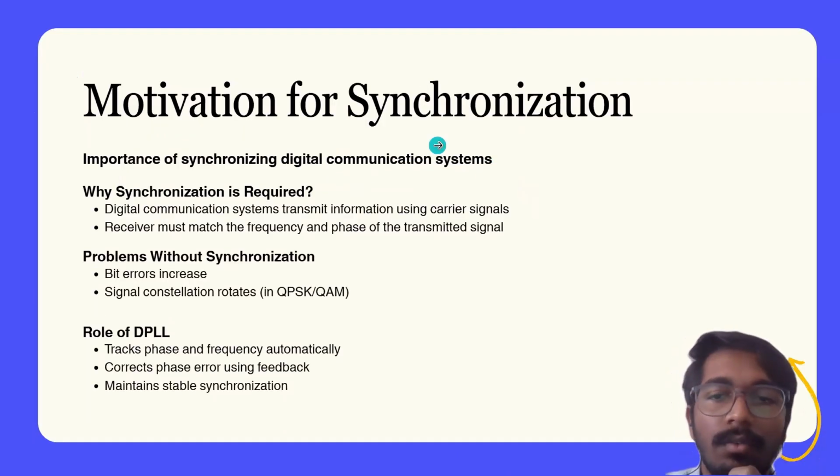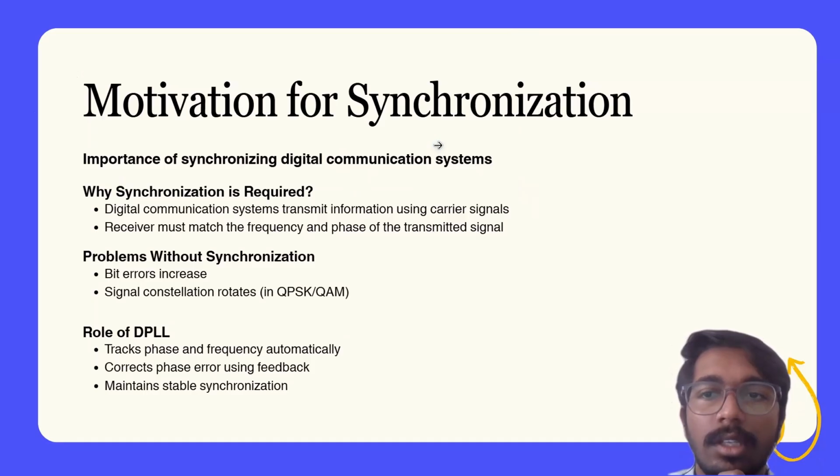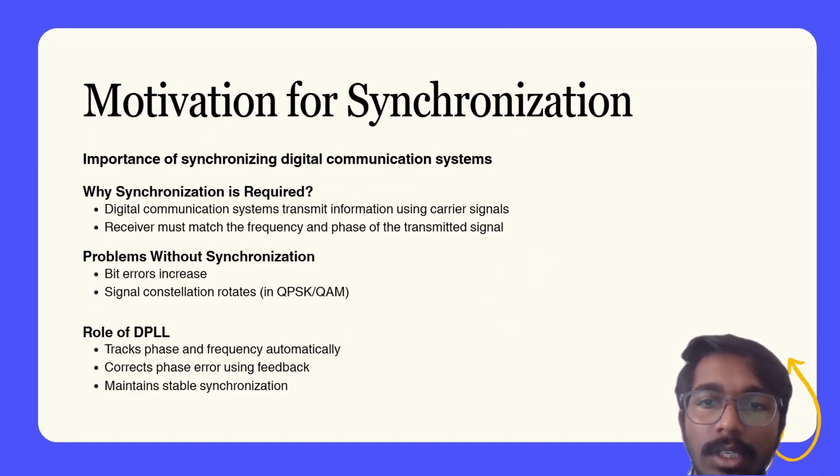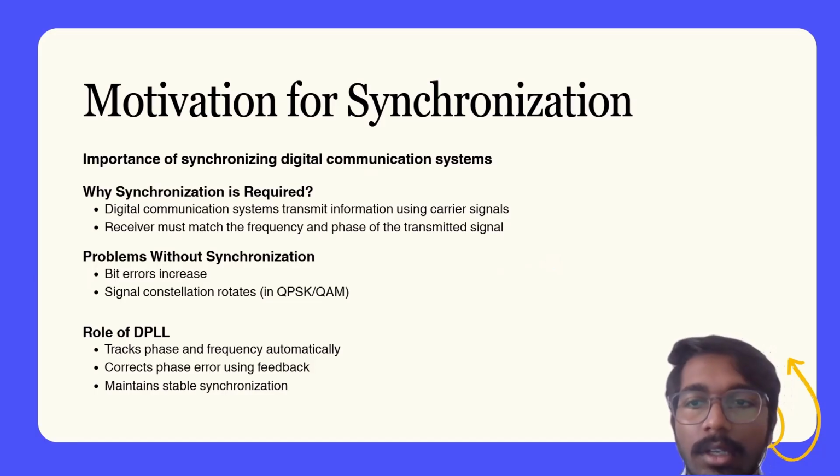Now let's understand why synchronization is necessary in digital communication systems. When a signal is transmitted, it is usually modulated on a carrier wave. At the receiver side, we must generate a carrier signal that matches the frequency and phase of the transmitted signal. Only then can we correctly demodulate and recover the original information.